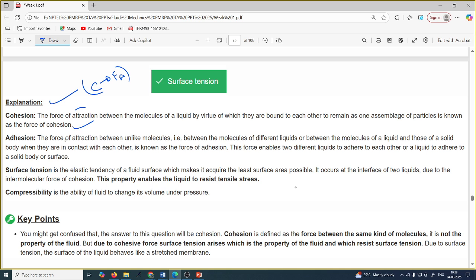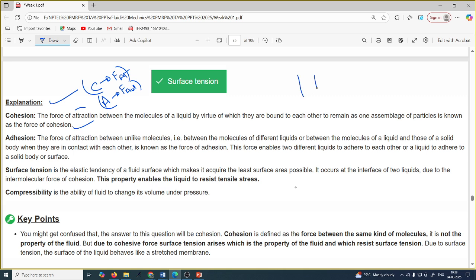Adhesion is also a force of attraction, but between unlike molecules, while cohesion is between like molecules. That is, between the molecules of different liquids, or between the molecules of a liquid and those of a solid body when they are in contact with each other.